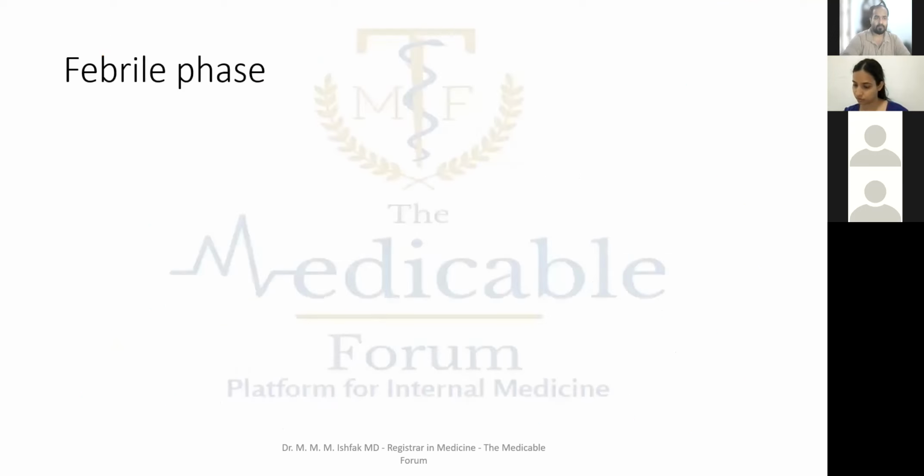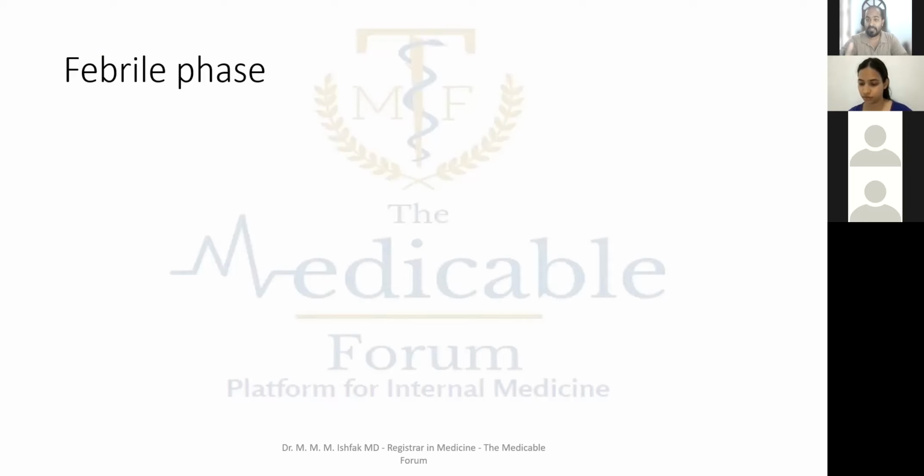Right? Okay. So febrile phase. Now we know dengue fever has a febrile phase and a recovery phase. If it is DHF, dengue hemorrhagic fever, they have a febrile phase, a critical phase, and then a recovery phase. What we mean by critical phase is that 48-hour time period where your vascular permeability is so high that you have a plasma leakage outside.